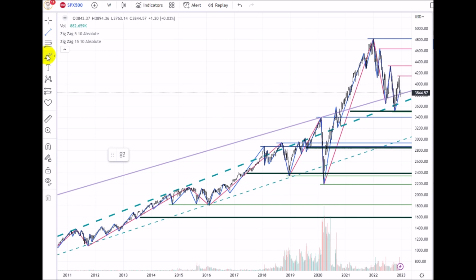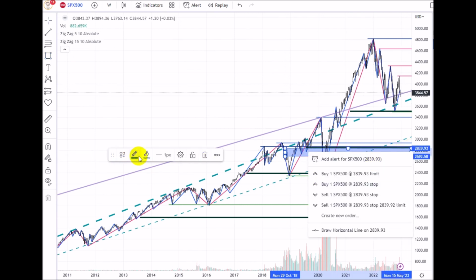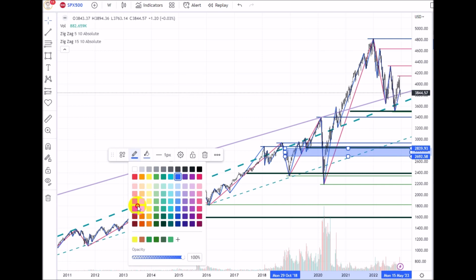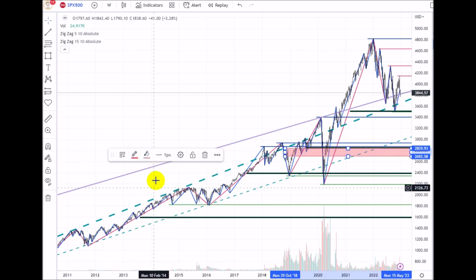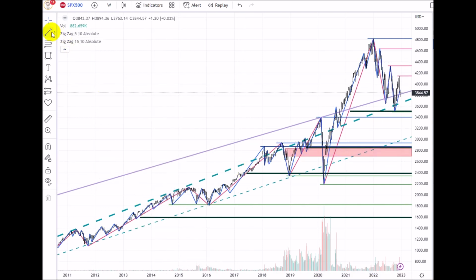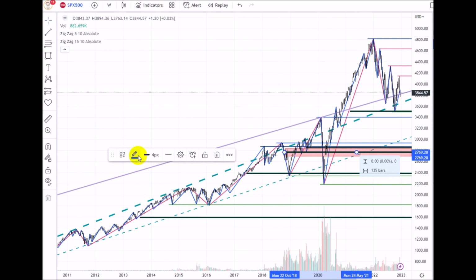In fact, let's do this as a box, because this is kind of 50% of this downward trend, and 50% of this big downward trend would put us right in this area as pretty major resistance. And if I draw a line, that would be probably somewhere right in this area as resistance.